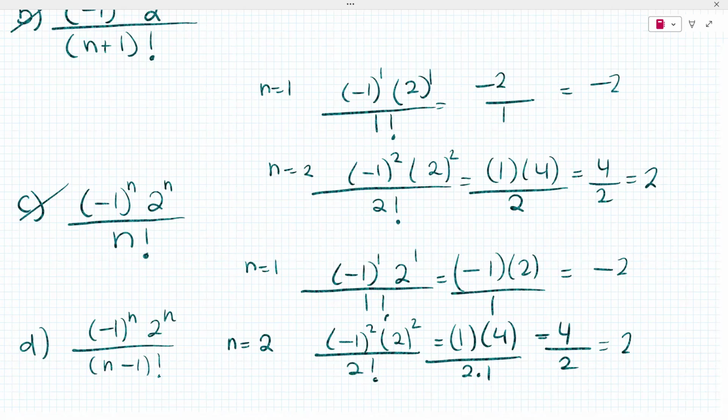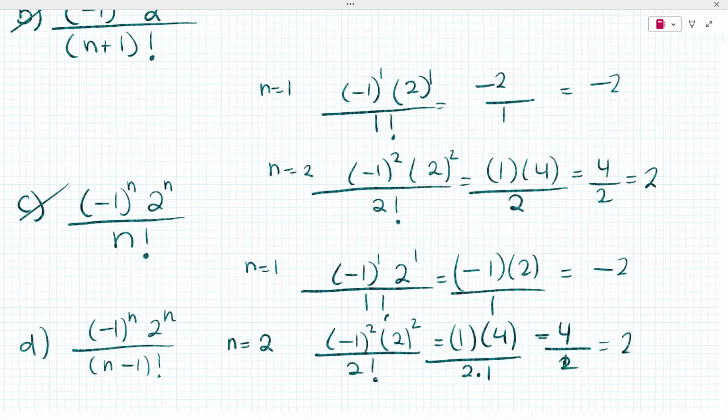Sorry, I was looking at the wrong part of D. So this is actually 2 minus 1.